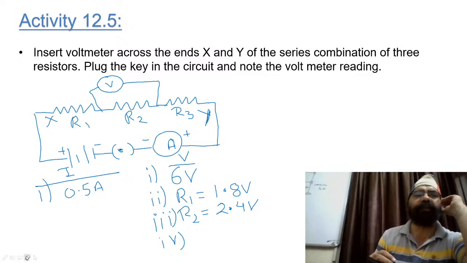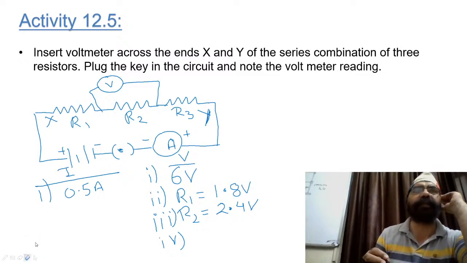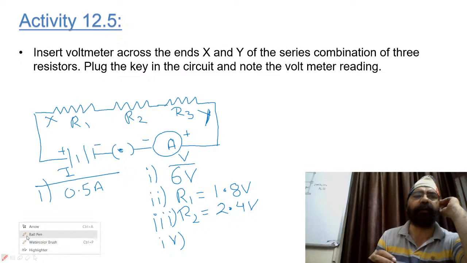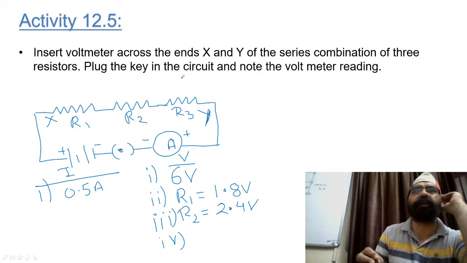So this time I connect it across the third resistor. I remove the whole thing and bring it over the third resistor. Now I connect my voltmeter in parallel to the third resistor.